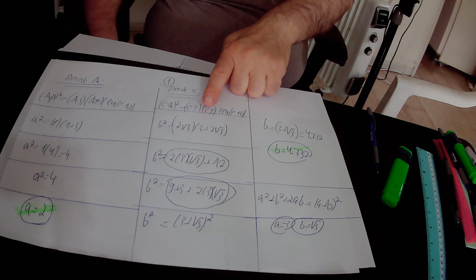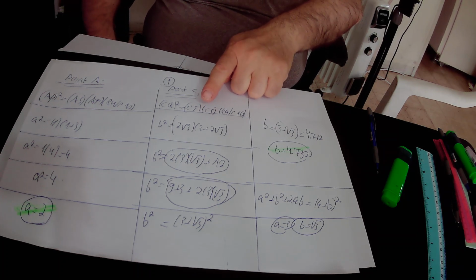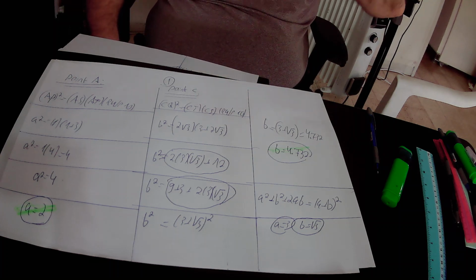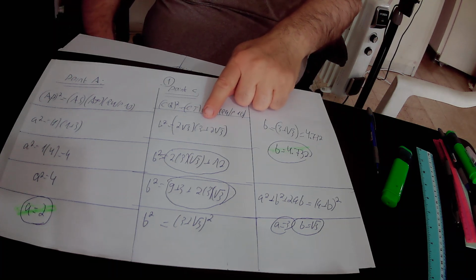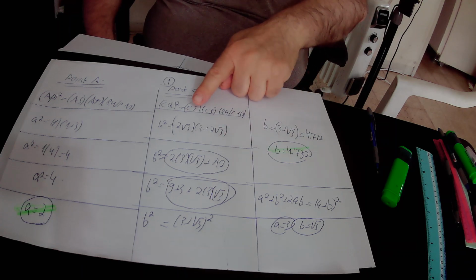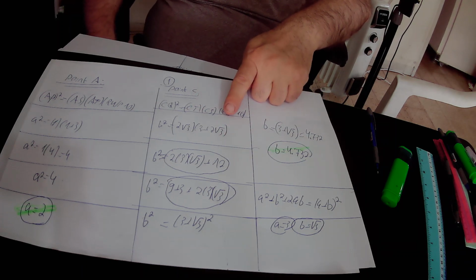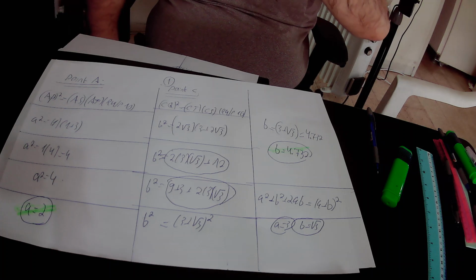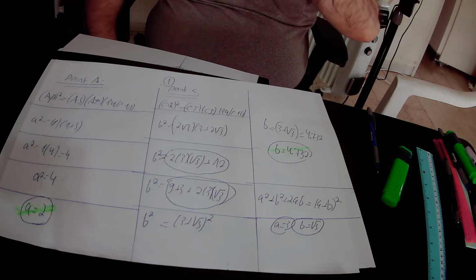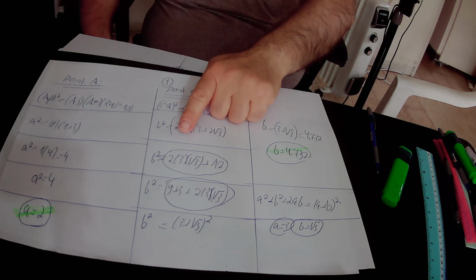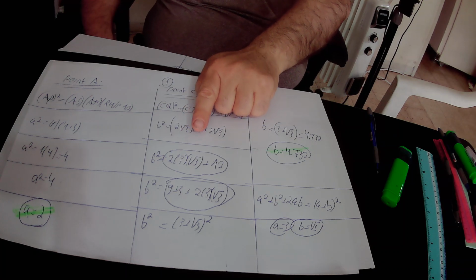We open the brackets on this side of the equation, and finally found out that B square equals 2 times 3 times square root of 3 plus 2 times square root of 3 times 2 times square root of 3, that is 12. So in conclusion, B square equals 2 times 3 times square root of 3 plus 12.